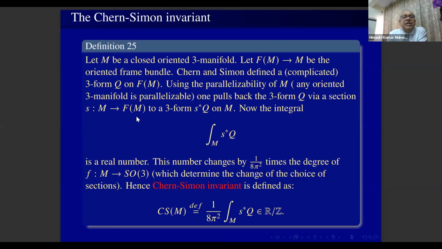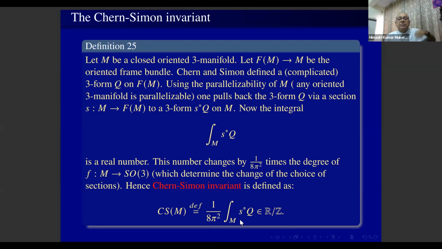Because if you change the section to another section, they will differ by a map like this. So look at the degree of this, that is an integer. So the difference between these two will be 1 over 8 pi squared times that integer. And therefore we define the Chern-Simons invariant not as a real number but as an element of the quotient R by Z.